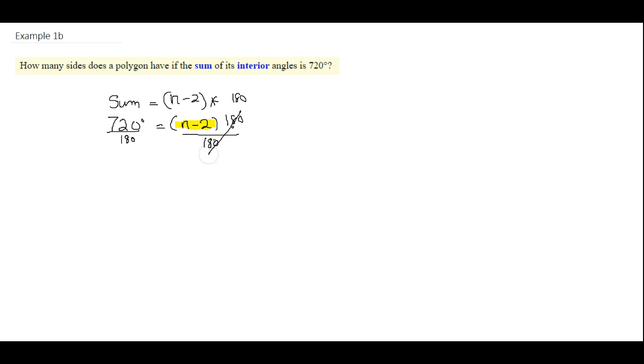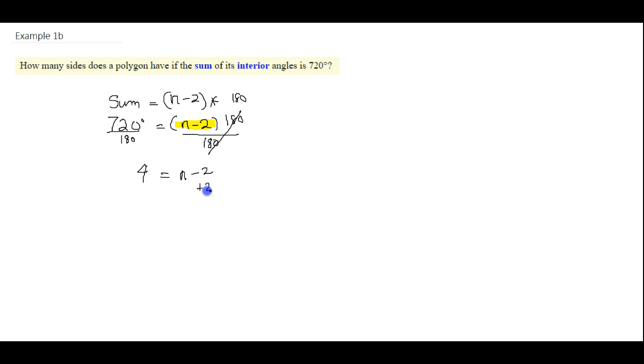Here that cancels and leaves us with just n minus 2. And when we take 720 and divide it by 180, we're left with 4. So 4 is equal to n minus 2.